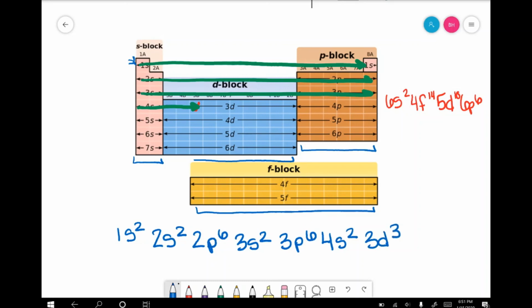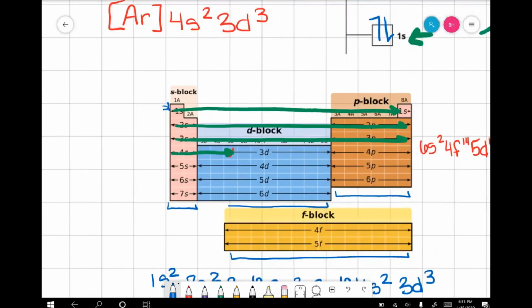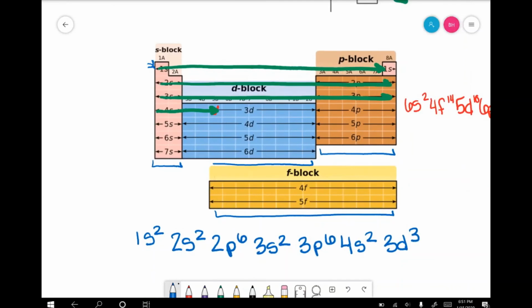So if you look at that and compare that to the one that we did previously, let me go ahead and scroll right back up here, you see that it's actually the exact same thing. So depending on what you're asked and what tools you have, you can use either one of these.